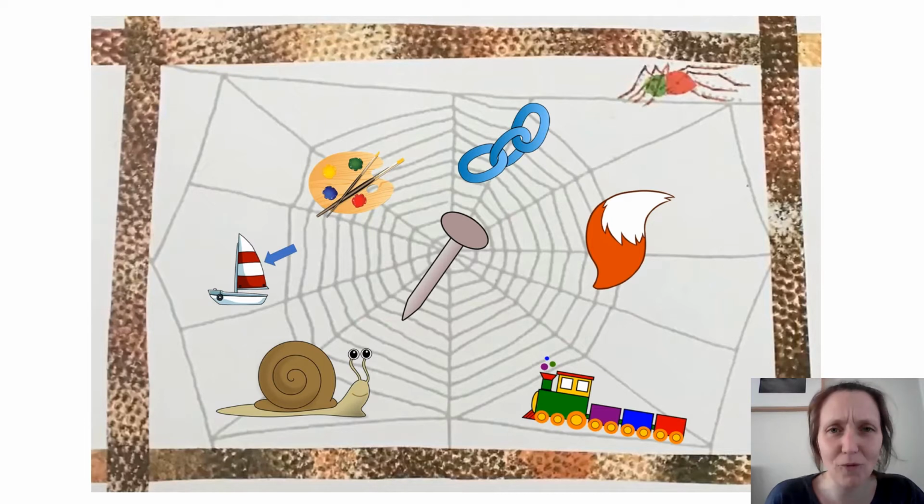Oh, now, what do you notice about what sound each of those objects have got in them? Have a think for me, and we'll check together in a second. So, in the spider's web, we had paint, snail, train, nail, chain, tail, and sail.